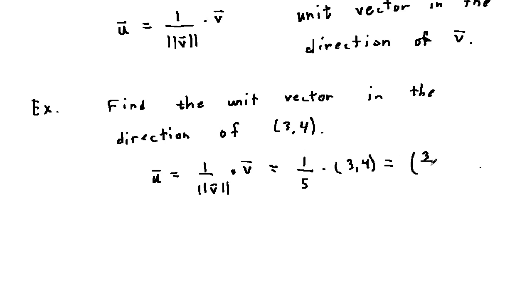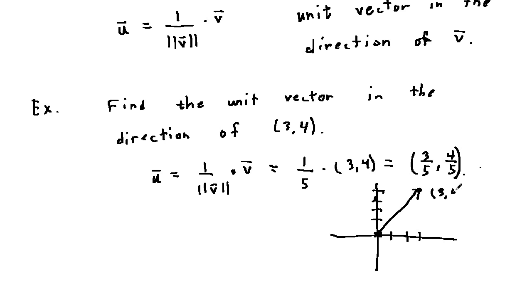Multiply that out, so we get this vector. If you were to graph this, here's the original vector, 3, 4. And if you were to plot this unit vector u, it would be somewhere here. It's just the same vector, pointing in the same direction, but it has length 1. So it's shorter right here.